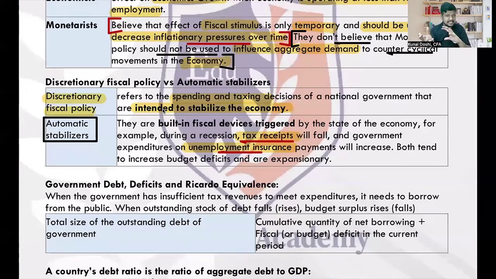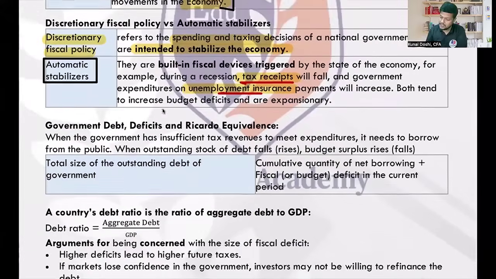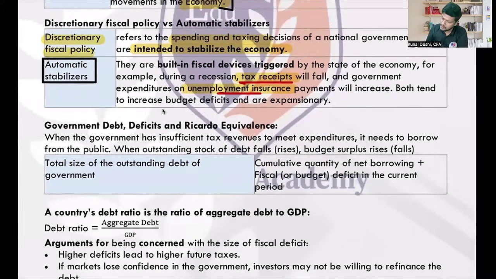So because of this system of having taxes and unemployment insurance or benefit, the economy is automatically balanced. There need not be manual intervention by the government for expanding or contracting the economy. Those are called automatic stabilizers. Most of the economies have automatic stabilizers. Understood? Especially the Western economies.